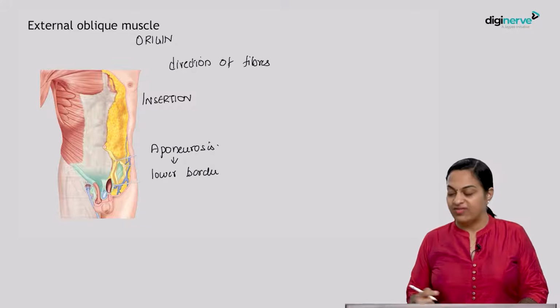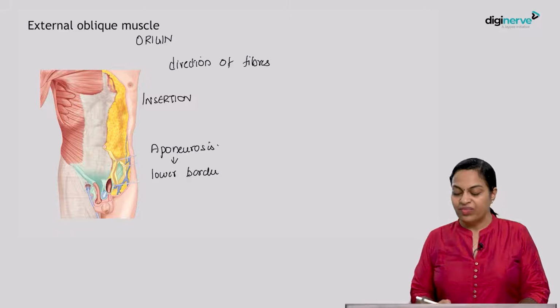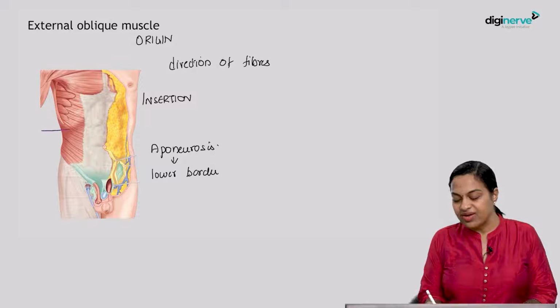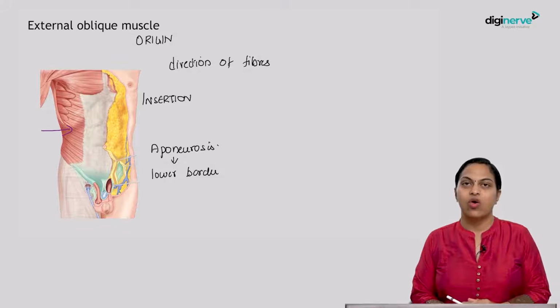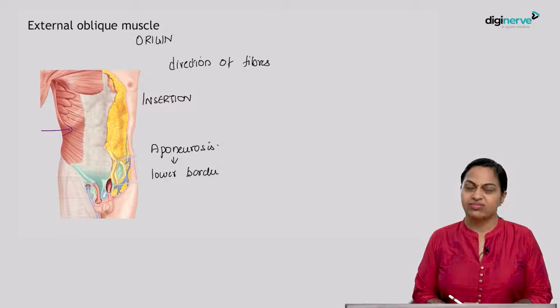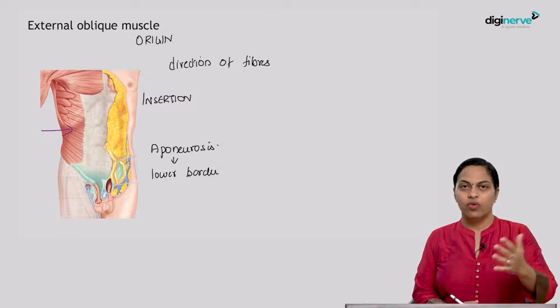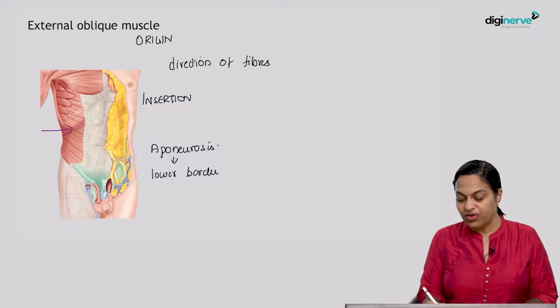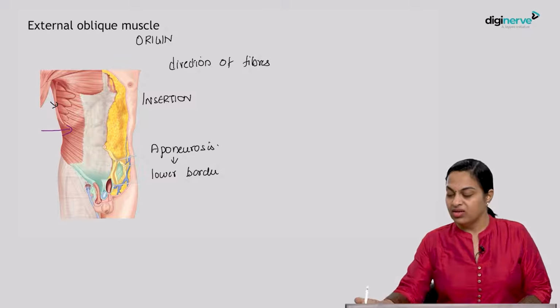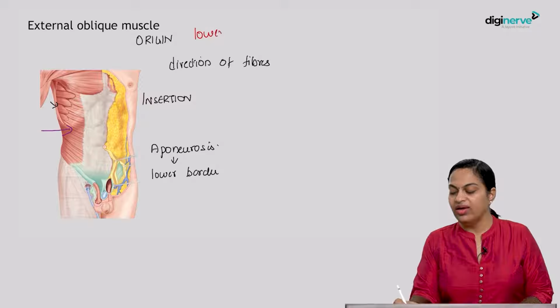Now let us see about these flat abdominal wall muscles. To start with, the external oblique, you can easily identify in the cadaver or in an image-based question. So this is the superficial one, and this external oblique comes from the lower 8 ribs.